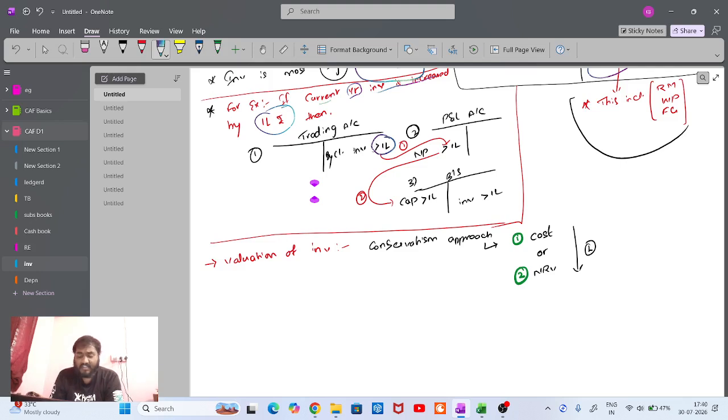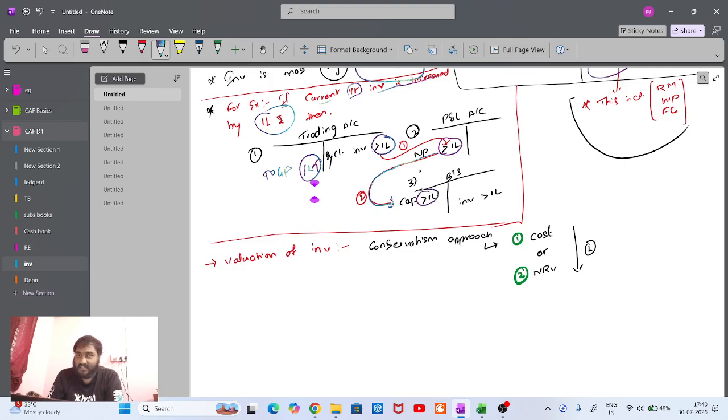Trading account will be increased by 1 lakh, which means gross profit will be increased by 1 lakh. If gross profit is increased by 1 lakh, it means net profit will also be increased by 1 lakh, right? Make sense? If net profit is increased by 1 lakh, the net profit directly goes to capital account. Capital account will be increased by 1 lakh.